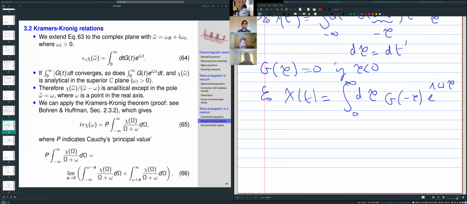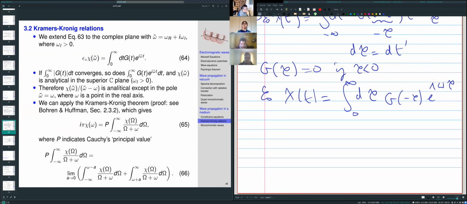Now this is very academic, and I'm sure it must seem completely pointless, but we reach an important conclusion. This is derived from causality, and we can extend it to the complex plane. And the point here is that this integral goes only over the positive times, from 0 to infinity.